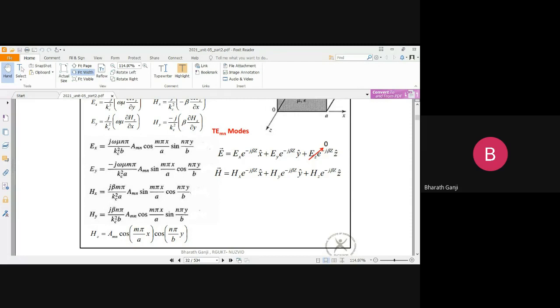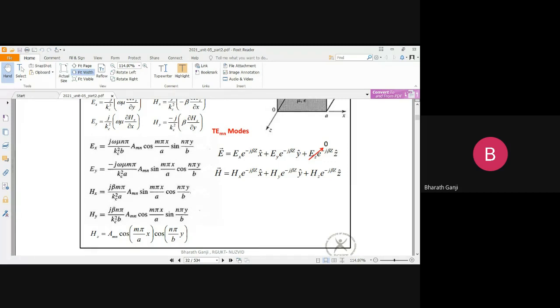The other way, you can think of the Ey field as minus j times some constant times sine πx by a and cos πy by a. Those are the fields I can get.